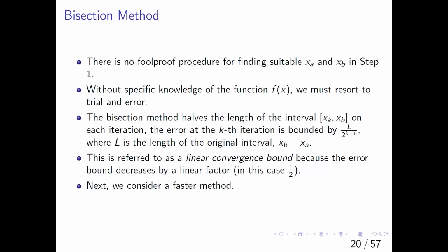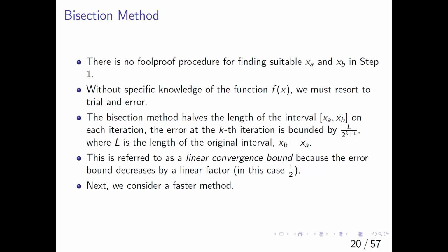That means there is no guaranteed method to easily find xa and xb that have different signs when you apply the function to these 2 points. Normally we just pick 2 points that are far away from each other. As long as they are far enough, they should be able to satisfy this condition.